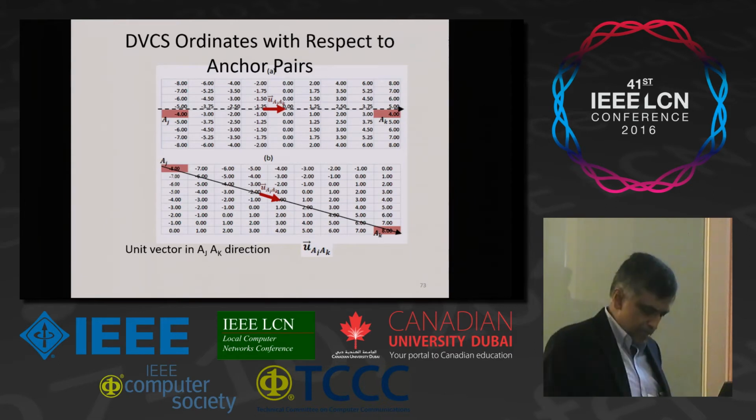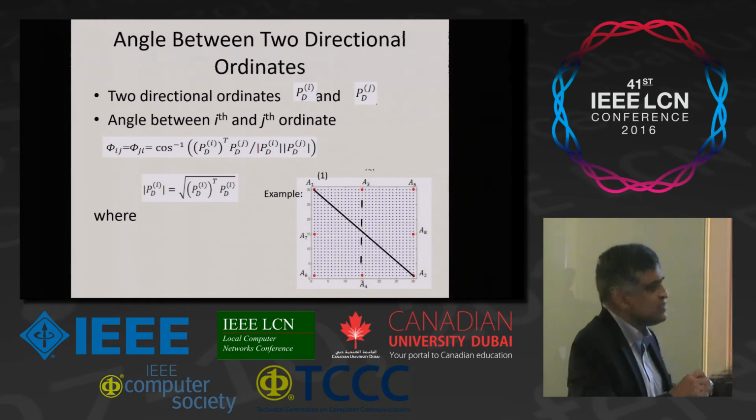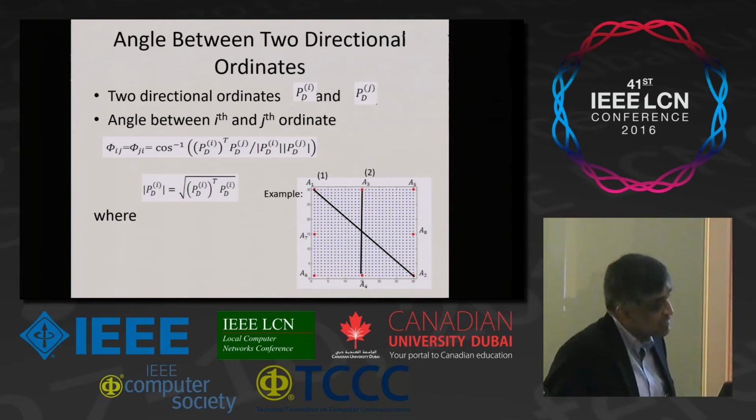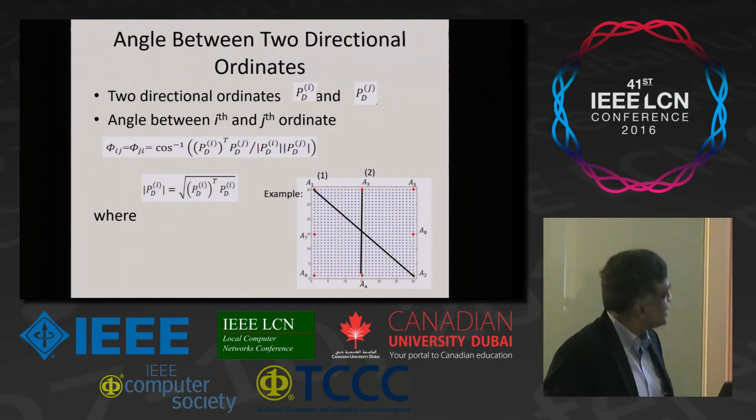So if you are describing the same data set using two sets of axes, in other words, you have the coordinates for all these points using this axis, and you have the coordinates for all of these using this axis, you can actually try to find the angle between these. In this case, instead of the actual physical coordinates, we use our directional coordinates.